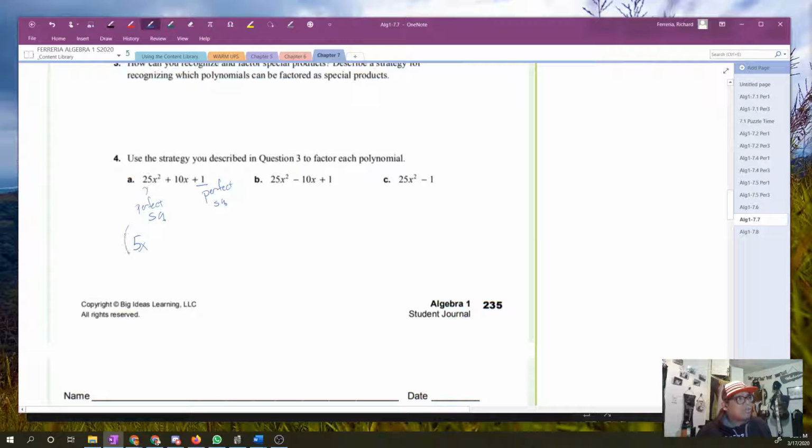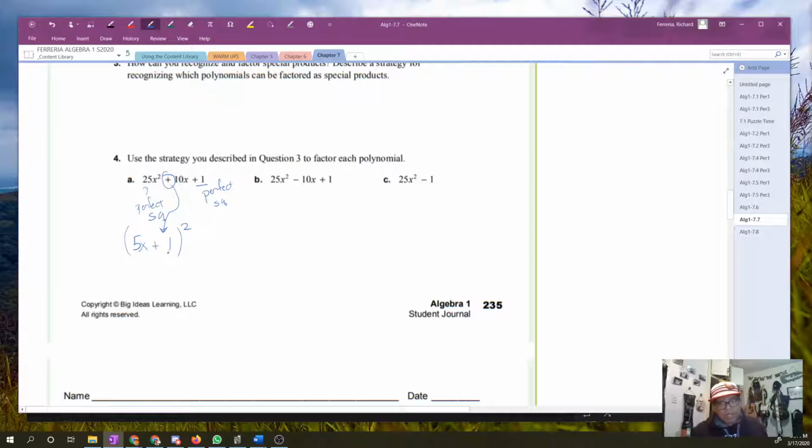And the square root of 1 is also 1. And then that's just this plus right here. That just means that this one right here is going to be a plus. So that is gorgeous. 5x plus 1 squared.